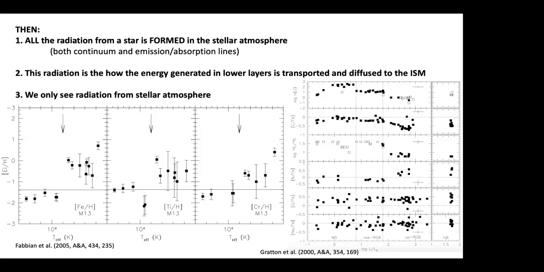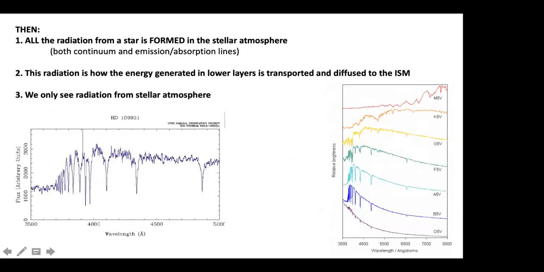If you study stellar atmospheres, it is because you need, for example, to interpret the spectrum of a star. If you want to transform these lines into a chemical composition, a chemical abundance of some elements, you need to know the physical conditions of the layers where these lines are formed.